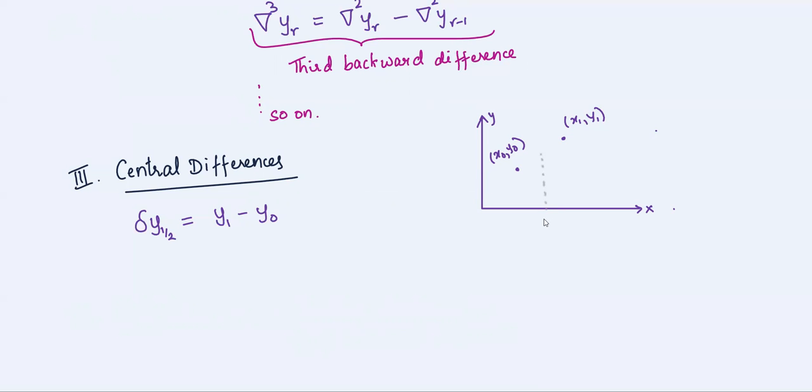We consider it at this point, which we write as x half, y half. This is between x0 and x1, so we take exactly the middle point.